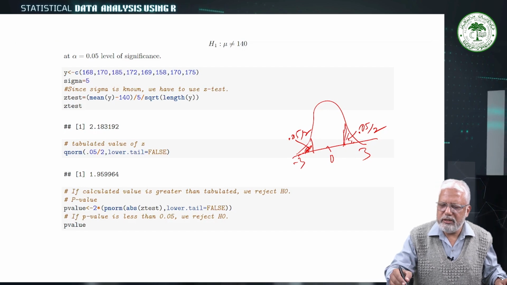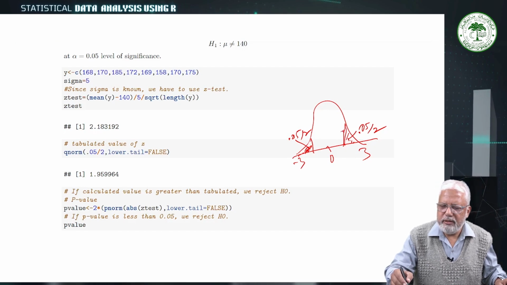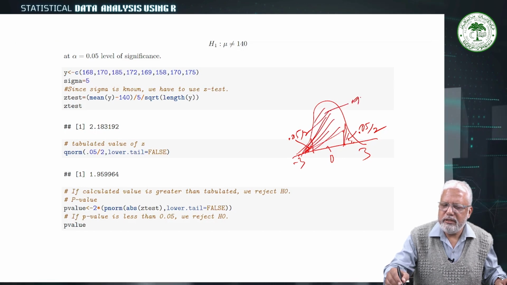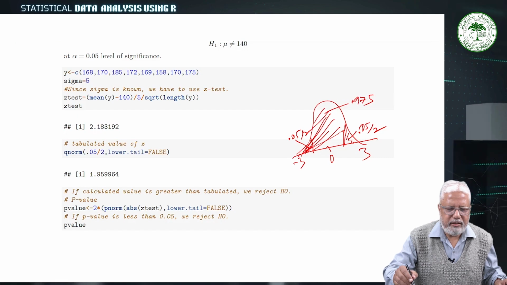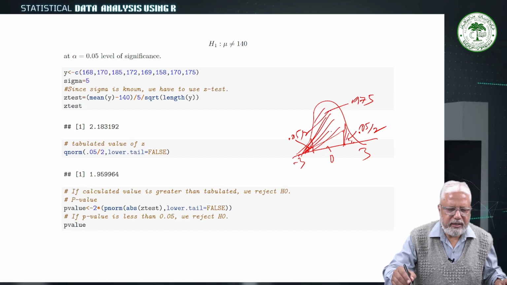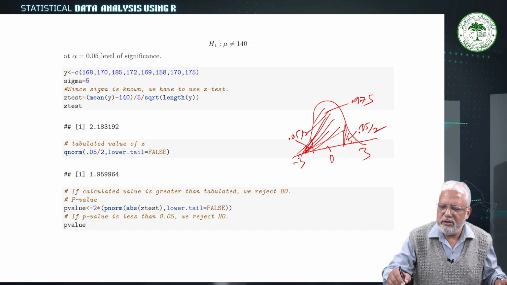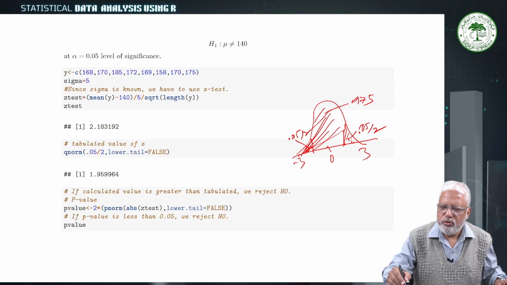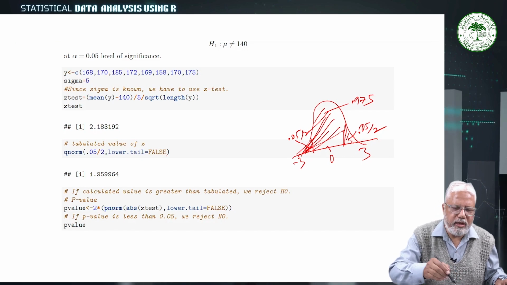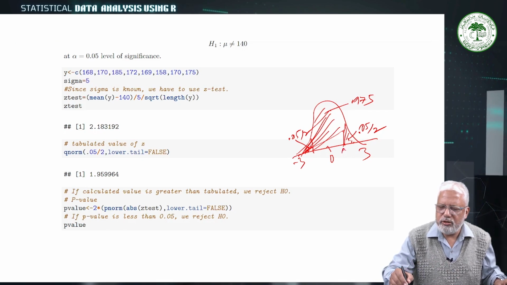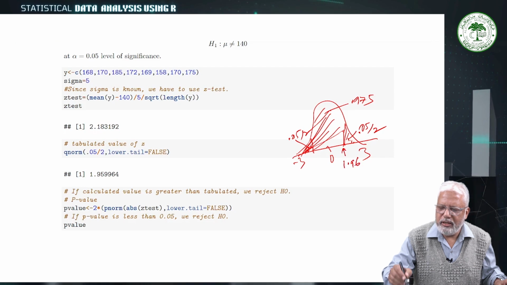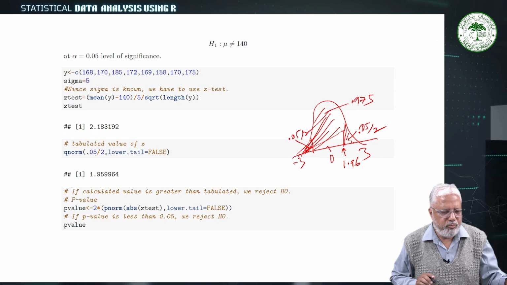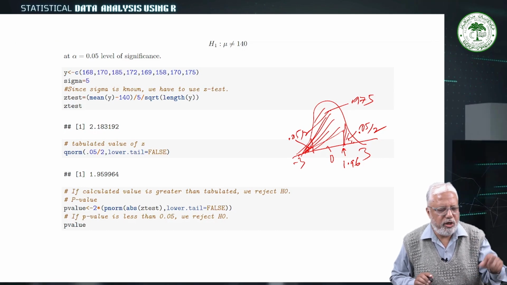So the area less than this is the whole area, 0.975, and the area greater than this is 0.025. Since we have specified lower.tail equal to FALSE, we want this value, and this value is nothing but 1.96. So we have got 1.96.